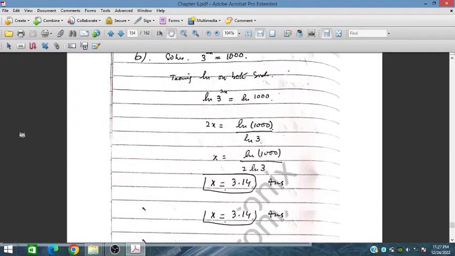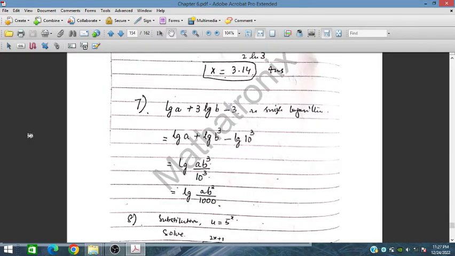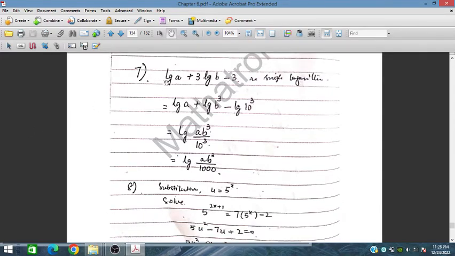And now let's solve question number 7. When we write lg, then it is assumed as log 10. So log 10 a plus log 10 3 log 10 b minus 3 as a single logarithmic function.